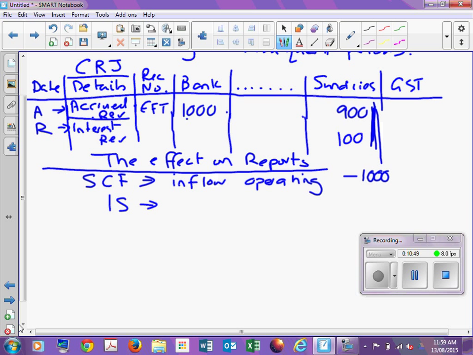In the income statement, I'm only dealing with if revenue has been affected. Has it? Yes. Has it increased or decreased? Increased. Interest revenue would show up where on the income statement? As other revenue.